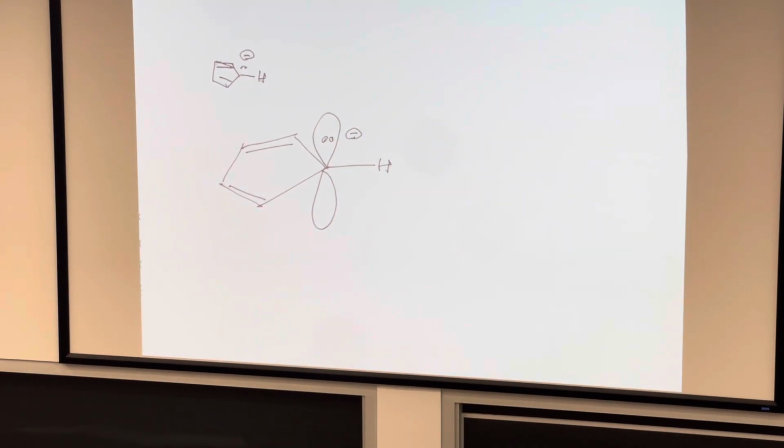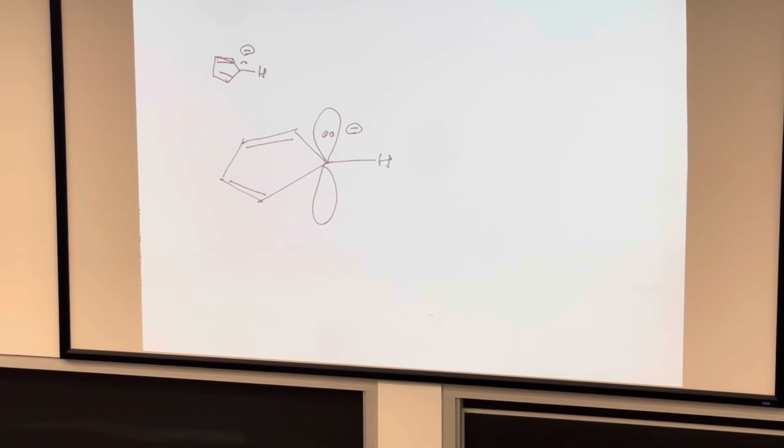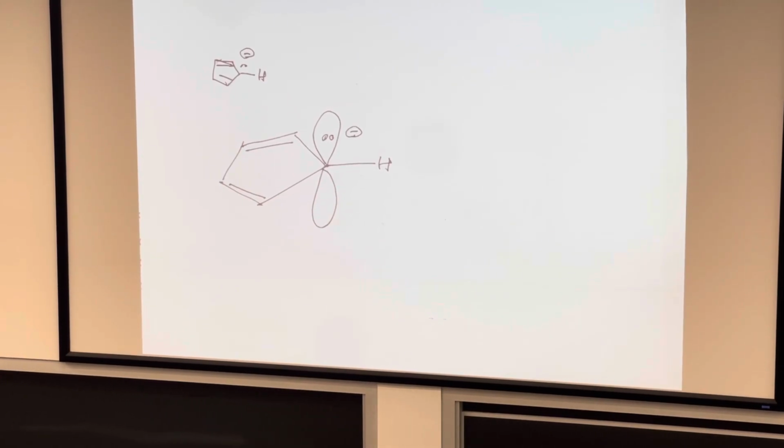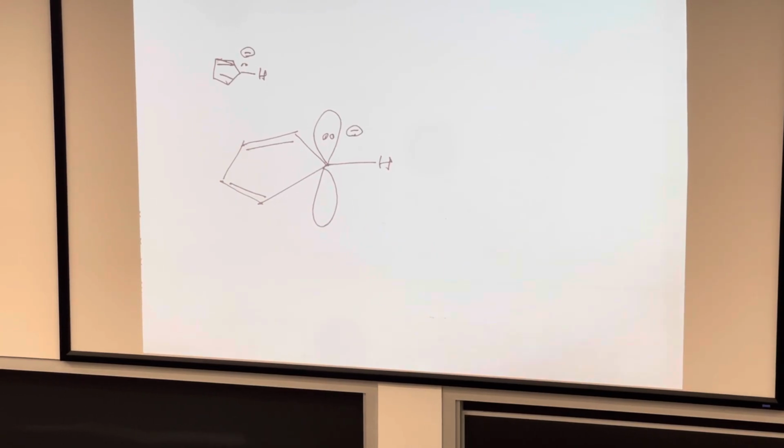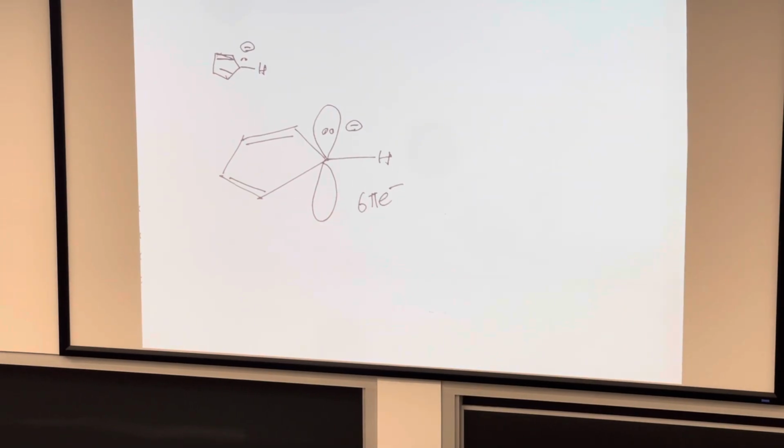How many pi electrons there? 6 pi electrons. Are we good here, guys? Double bond, each one 2, 2 plus 2, 4. But we do have a lone pair, okay? That lone pair can donate into the system to make a pi bond. So we got the 6 pi electrons. Okay, let's go back.